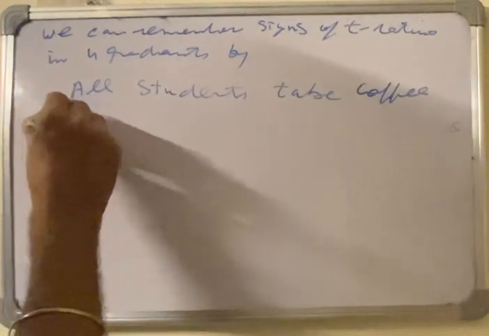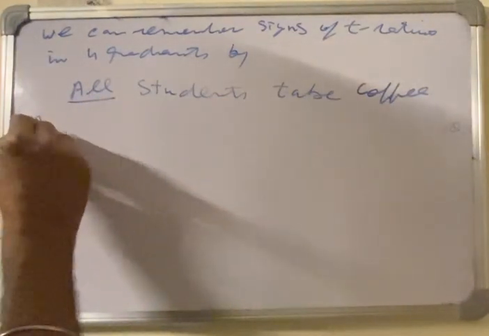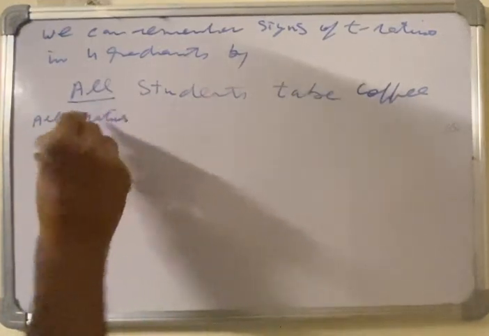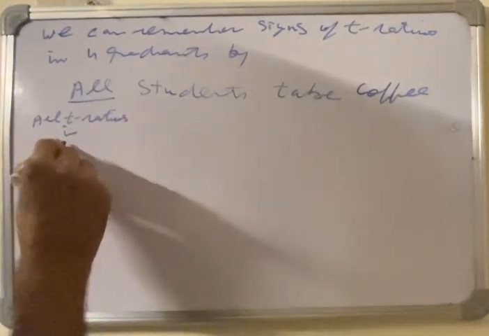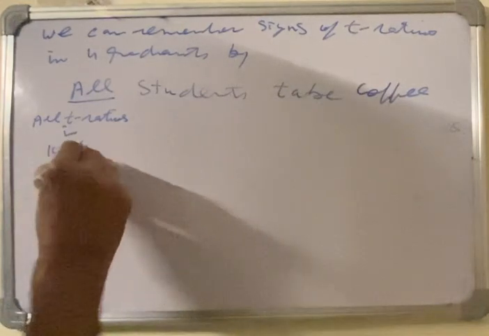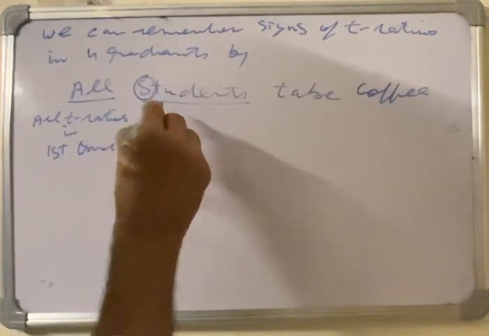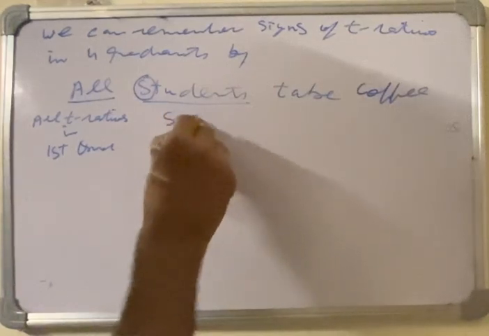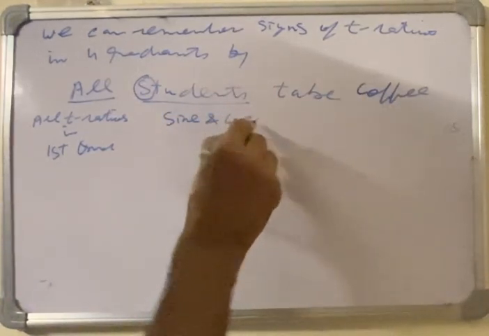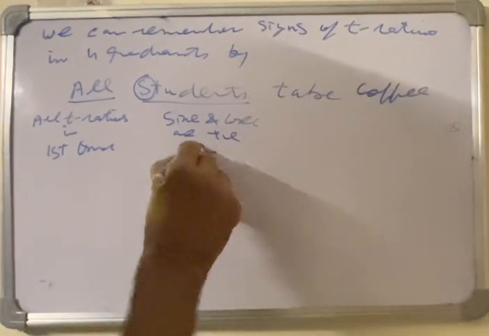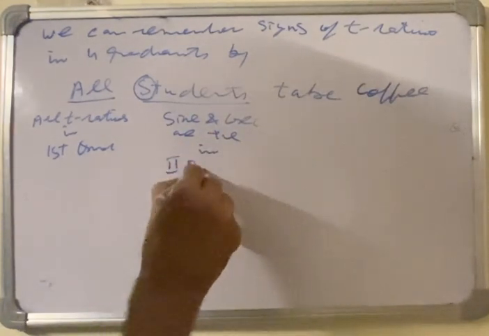Now all means all trigonometric ratios in first quadrant. S stands for sine. Sine and cosecant are positive in second quadrant.